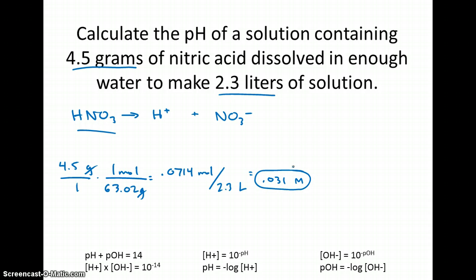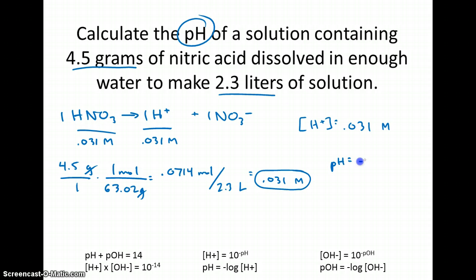So I just figured out that this acid has this molarity, and I can see that there is a 1 to 1 to 1 molar ratio, so the concentration of H plus is also 0.031. In other words, the concentration of H plus is 0.031 molar, and I want pH, and I know that pH equals the negative log of the concentration of H plus.